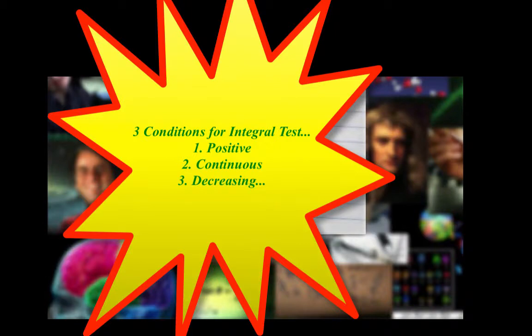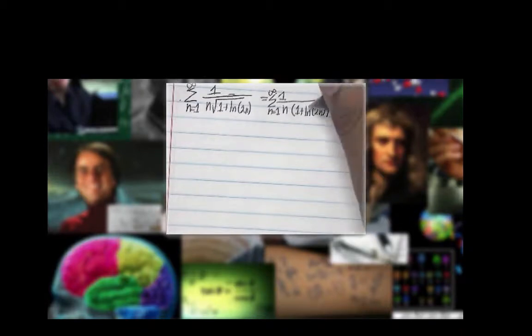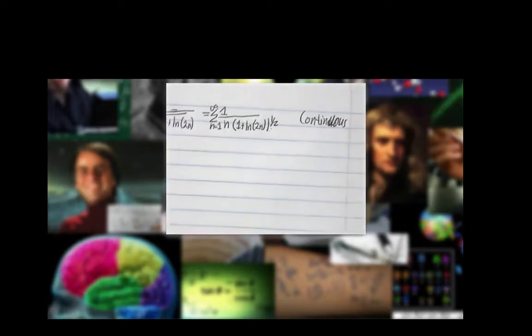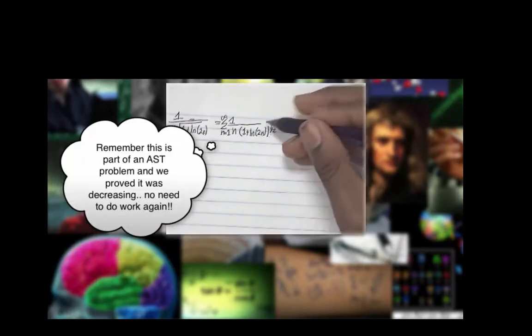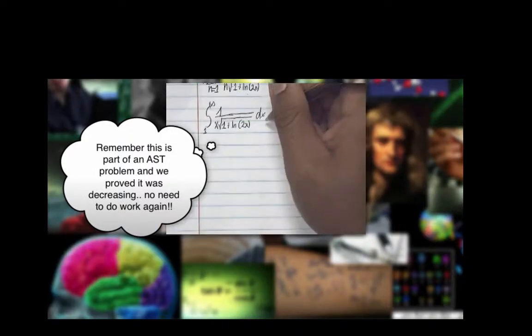Is it from 1 to infinity? It is continuous. We can see from it that it is positive. And we already tested that it was decreasing. Good. So we can do the integral test on this.